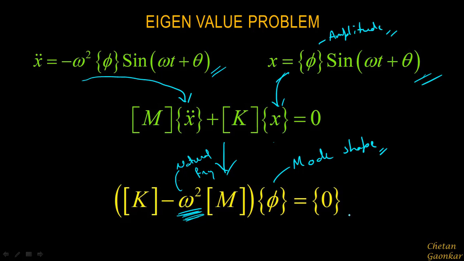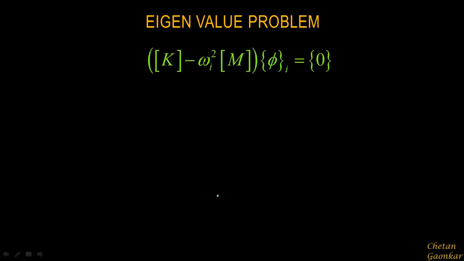So finally, when we say we solve this equation to extract the natural frequencies, we simplify it to this equation, and then we solve it to obtain the mode shapes of any structure. All right, so this is now the eigenvalue problem.